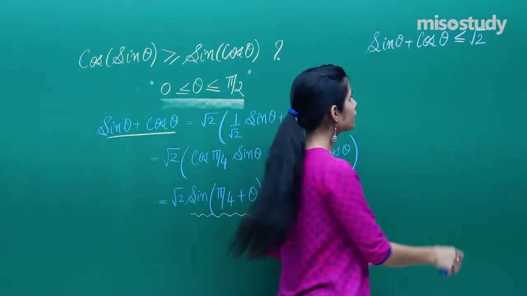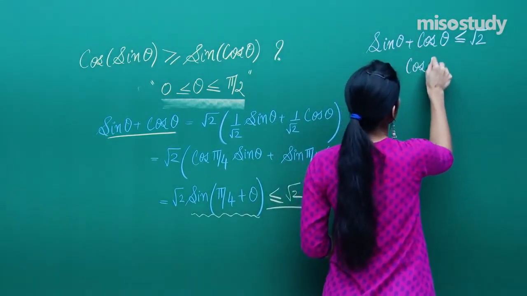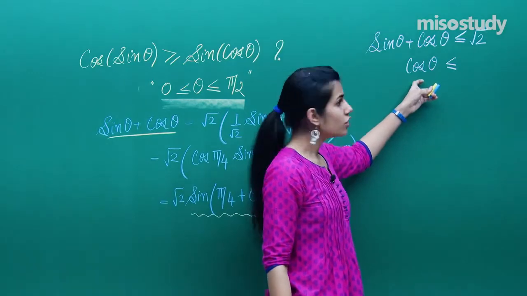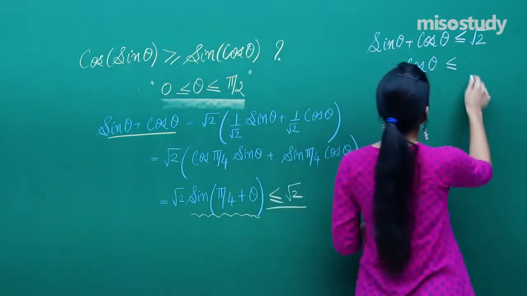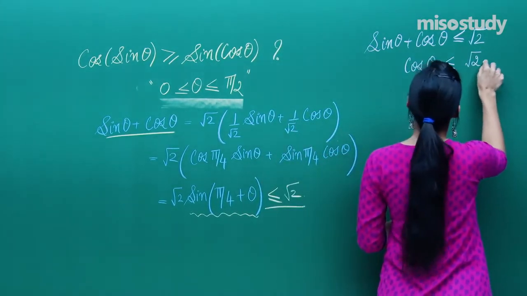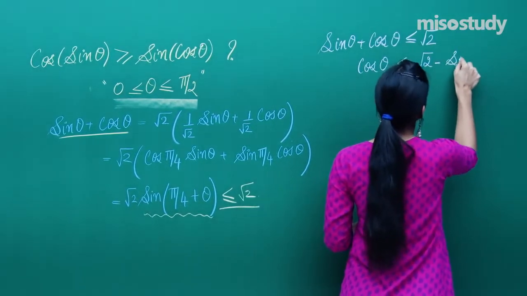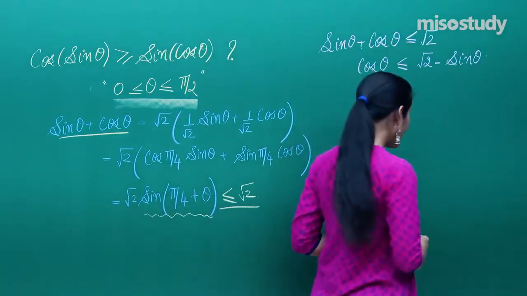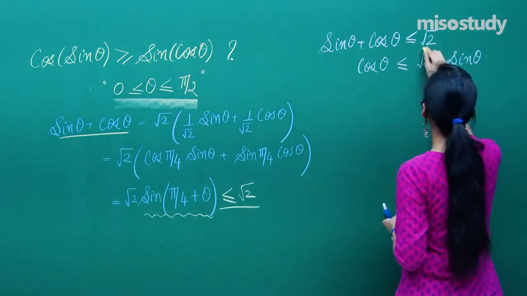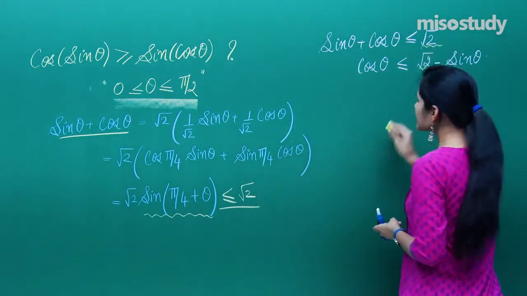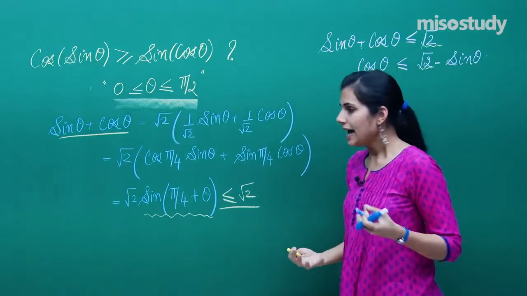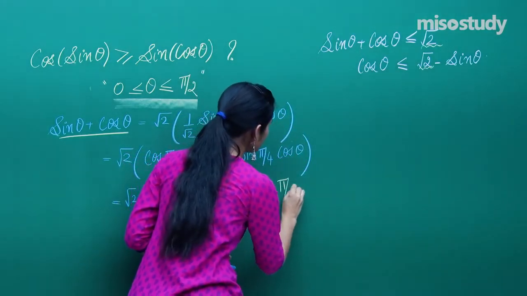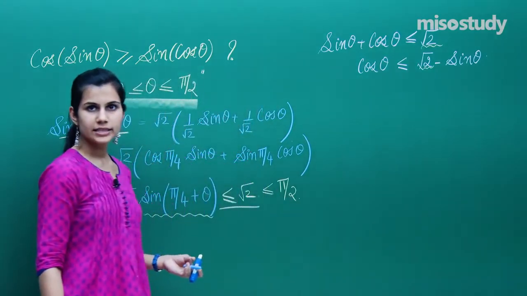If this is what I have got, can I write cos theta as less than or equal to this? But rather it would be better if instead of root 2 we try to incorporate something like allied angle, and because of that only you know root 2 is less than or equal to pi by 2, isn't it?